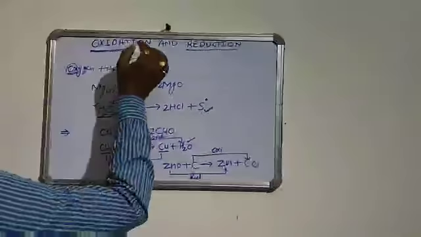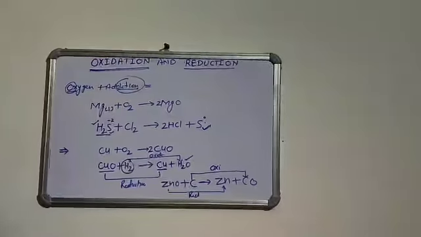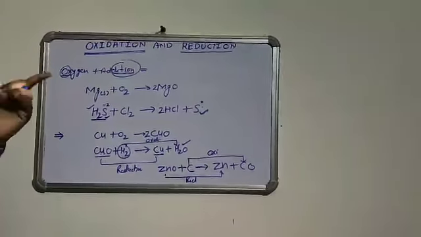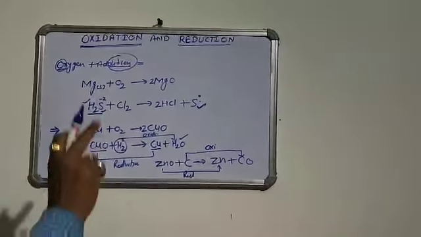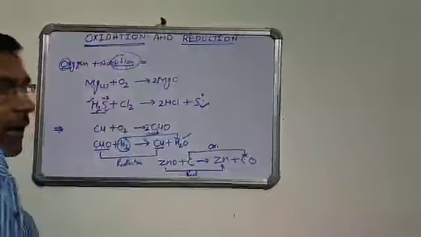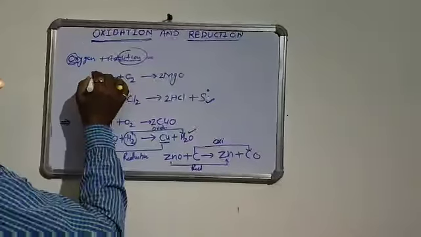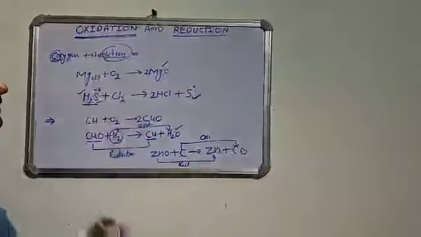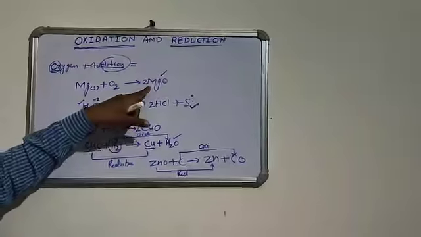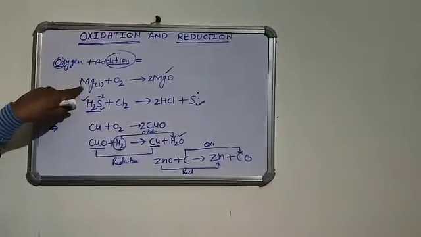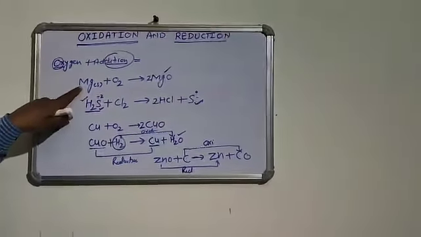Those substances that can oxidize are called reducing agents, and those substances that can reduce are called oxidizing agents. So we can say in this case Mg is oxidized to MgO, that's why Mg is a reducing agent.